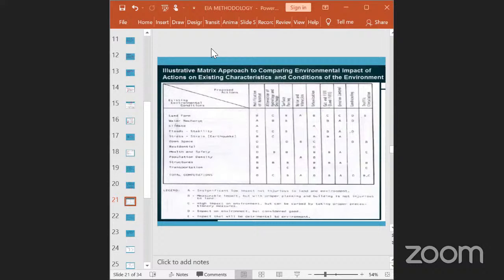The existing environmental conditions are landforms, water recharge, climate, flood stability, stress and strain like earthquake, open space and residential, health and safety, population density, structures, transportation. Overall, it's the impact, right? So this is the existing environmental conditions, right?